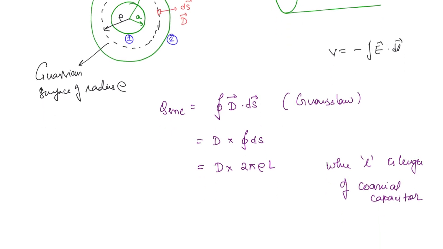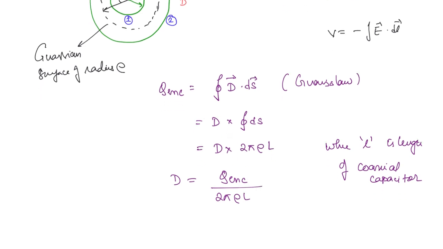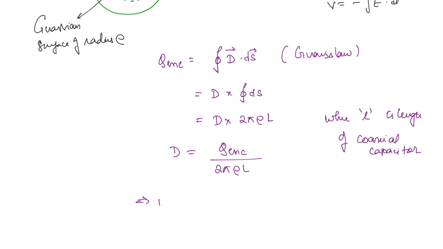And what is D? You can get the magnitude of D as Q enclosed by 2 pi rho L. Since this is in a cylindrical shape, you can take the cylindrical coordinates. So what will be the radial direction in cylindrical coordinates? It is going to be a rho bar, right? So D bar you can write as Q by 2 pi rho L a rho bar.